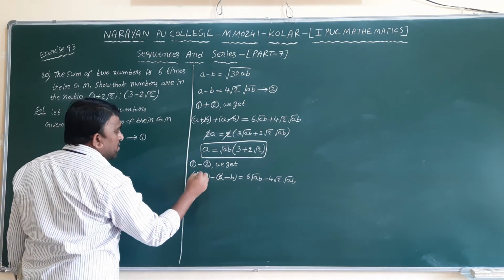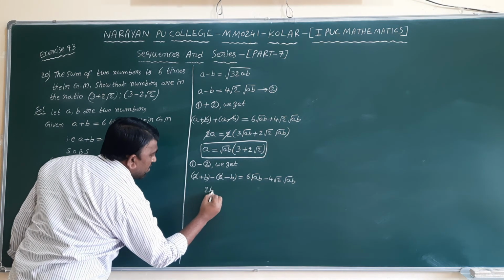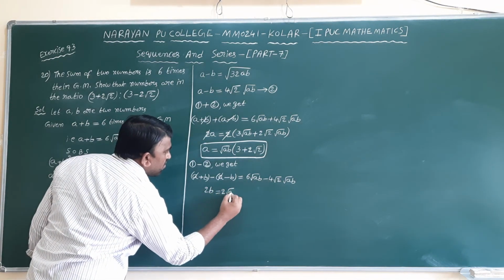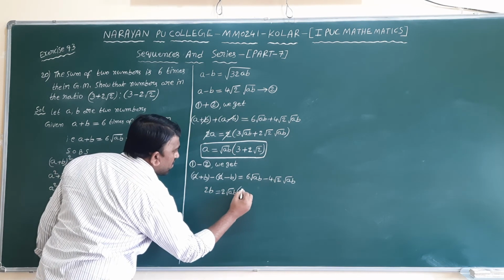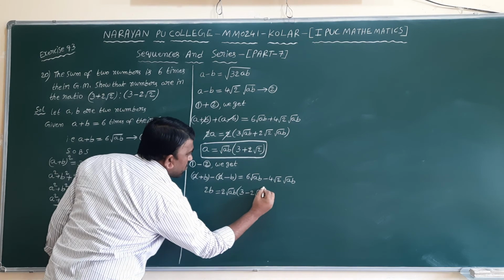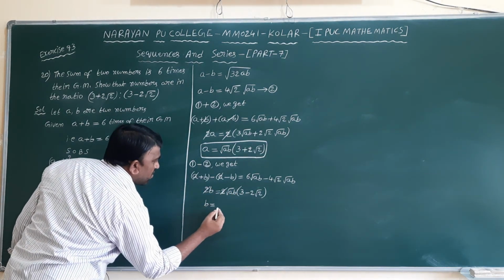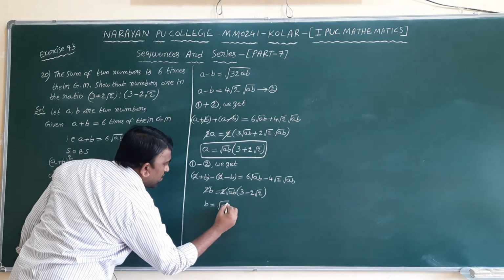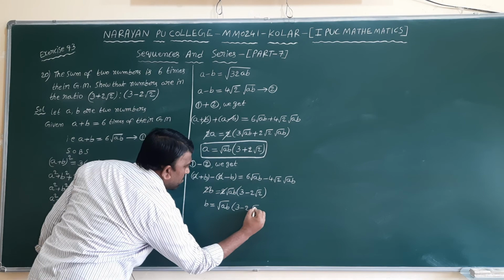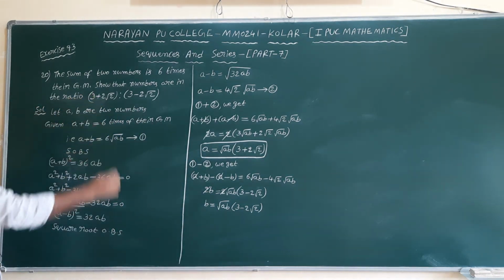So minus a plus a cancel, b plus b, 2b equal to, I will take 2 root ab common, 3 minus 2 root 2. Cancel, b equal to root ab into 3 minus 2 root 2. Now it is asking the ratio.